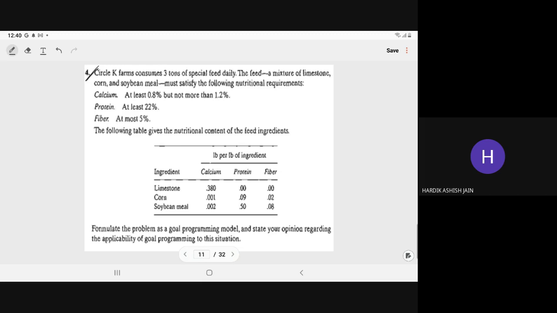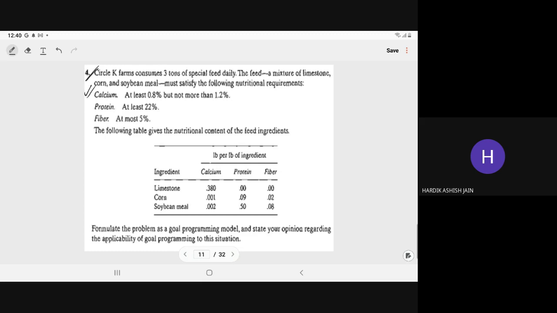The feed is a mixture of limestone, corn, and soybean meal and must satisfy the following nutritional requirements. So the farm consumes special feed for animals, 3 tons, and the nutritional requirements are: calcium at least 0.8% but not more than 1.2%. That should be our nutritional requirement from the consumed feed.